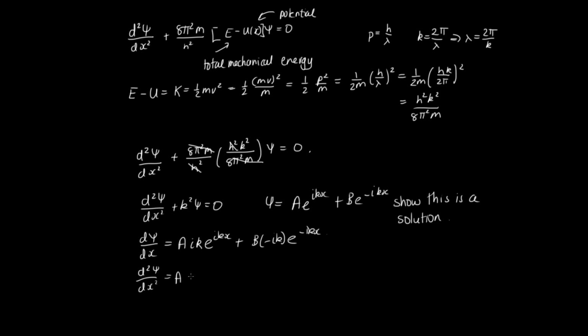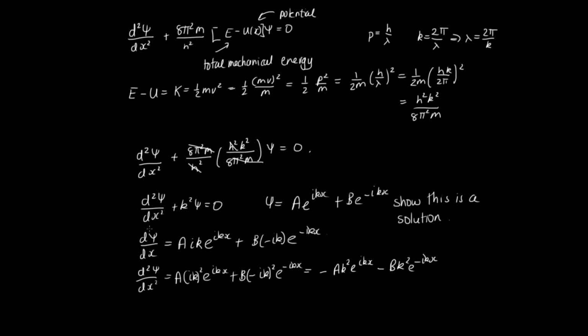That'll be A times, we need to multiply by ik again, so that's (ik) squared e to the ikx, plus B, and this time we multiply by minus ik again, so (minus ik) squared e to the minus ikx. So this is equal to A, now i squared is minus 1, so this will be minus A k squared e to the ikx. Now (minus ik) all squared is the same as i squared, so that's minus again. So this is minus B k squared e to the minus ikx.